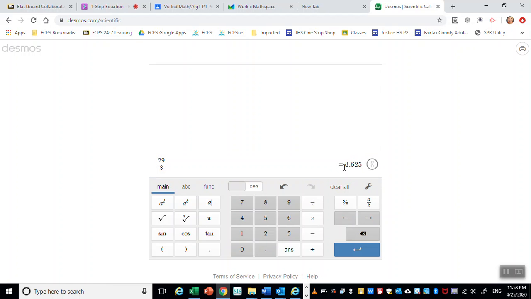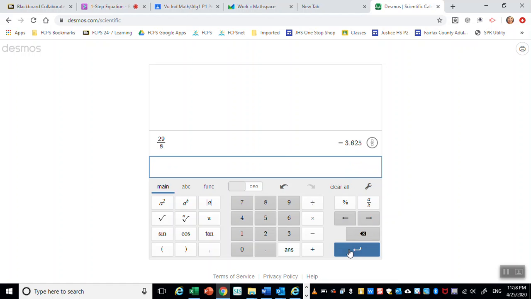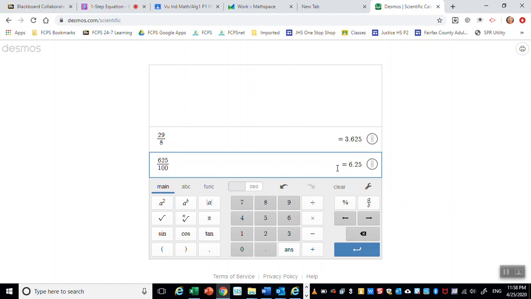Convert to decimal. This is the decimal, right? And it has to be 3.625, right? And the next thing you are going to do is you have 3, right? And then you have 625, it would be out of 1,000.